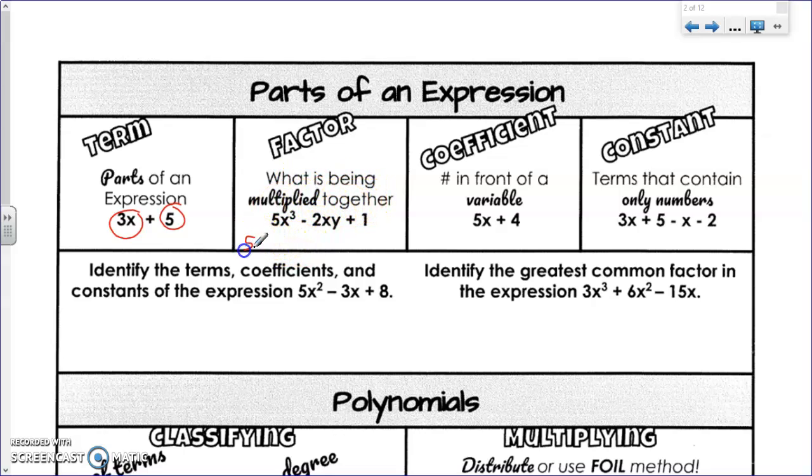So this is 5 times x to the third, and this is negative 2 times x times y, and then this is just 1. Coefficient is the number in front of the variable. Constant is the term that contains only the number and it does not have a variable. So we have negative 2 and 5 because there's no variable there.